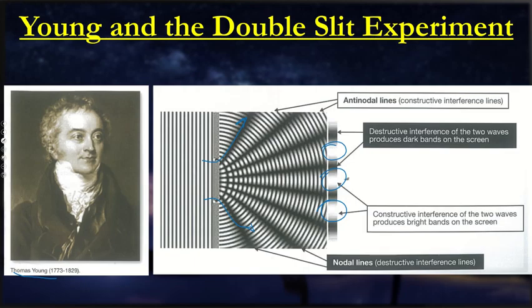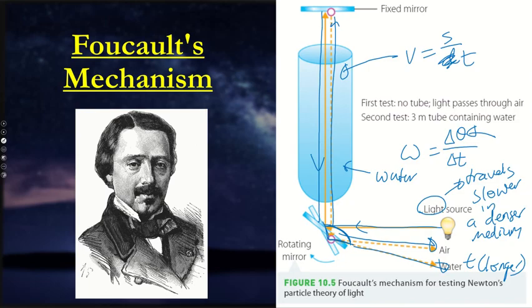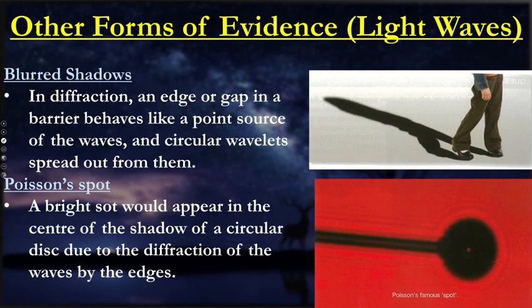Thomas Young experimentally showed interference and showed how waves behave. So that's very important. Other things that we can see, and you can try it out yourself, is if you put your hand over the tabletop and you have a light source above, you'll see that your shadow doesn't give you a very sharp edge.